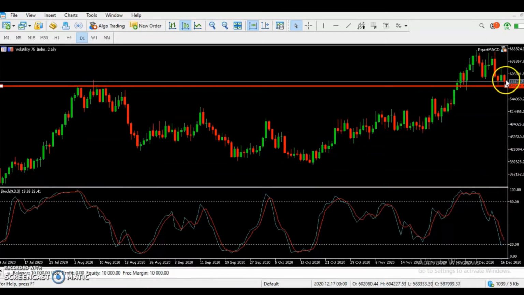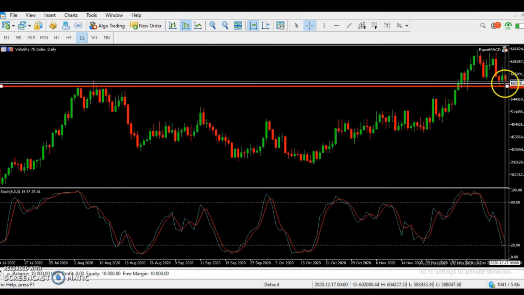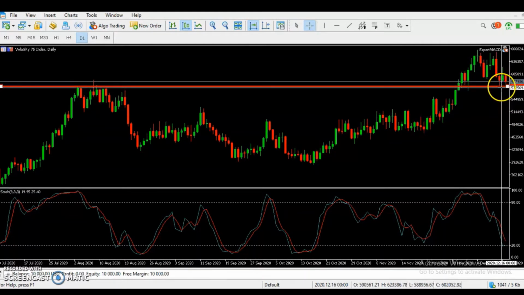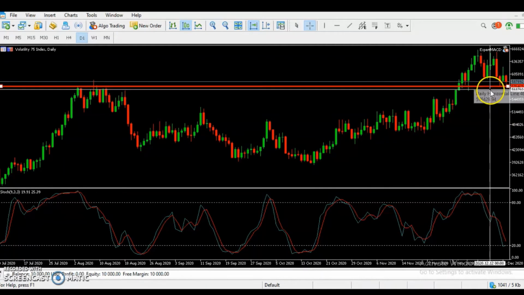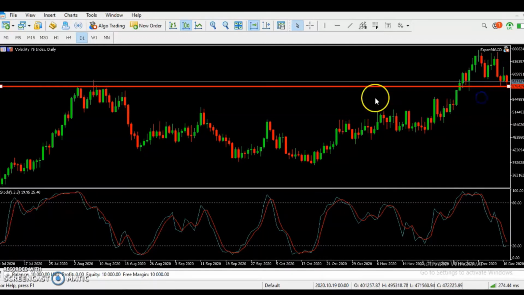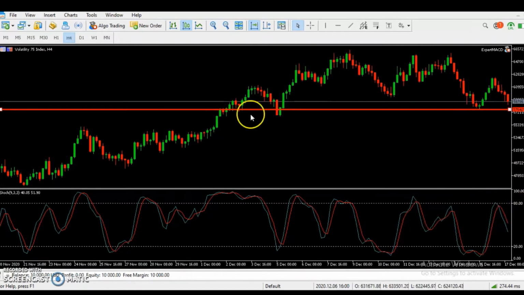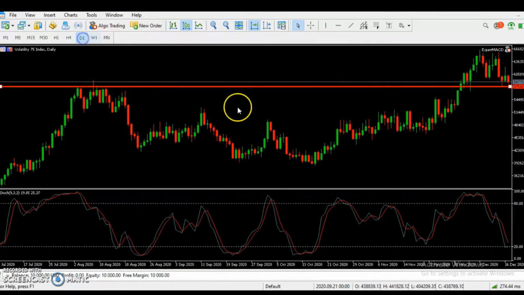By the time it hits around this level here, remember this level, it's a big level. Once it crosses here, watch it and be ready to place your buy. Let's look at the 4 hours. The 4 hours also point to a sell.